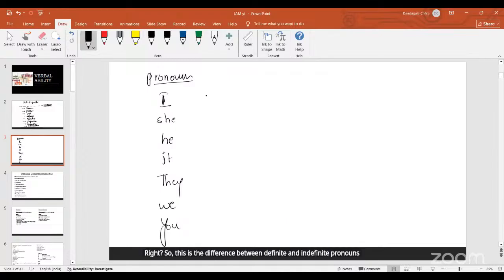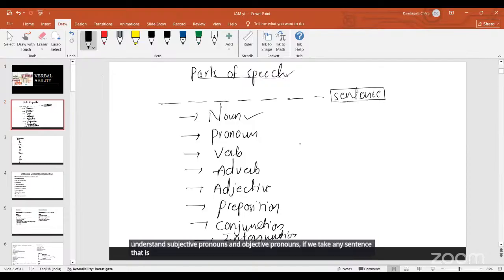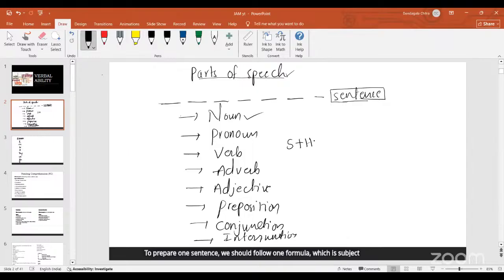So here, subjective pronouns are different from objective pronouns. Before we understand them, any sentence follows one formula, just like in mathematics we have different formulas. To prepare a sentence, we should follow one formula, which is subject plus helping verb plus verb form plus object.